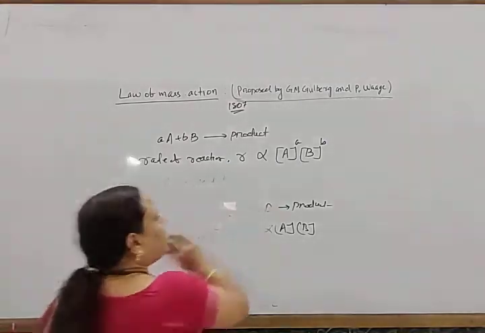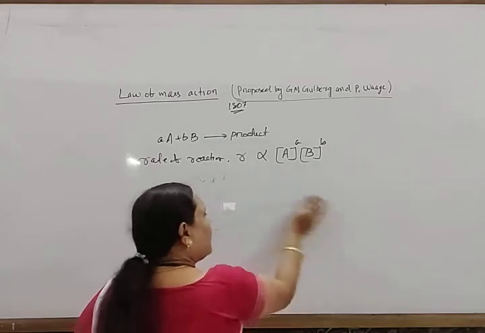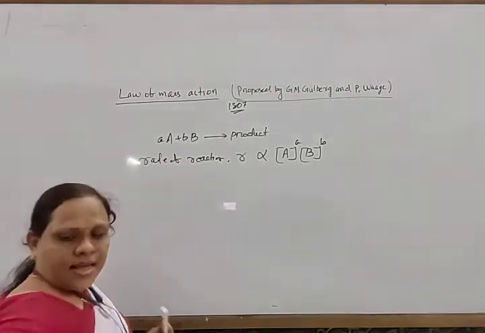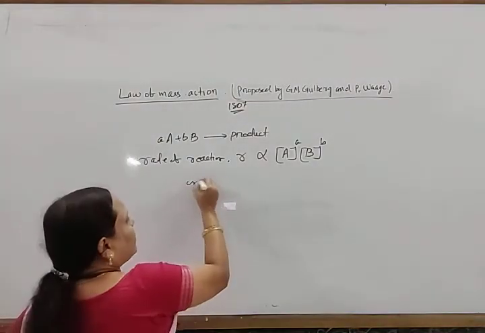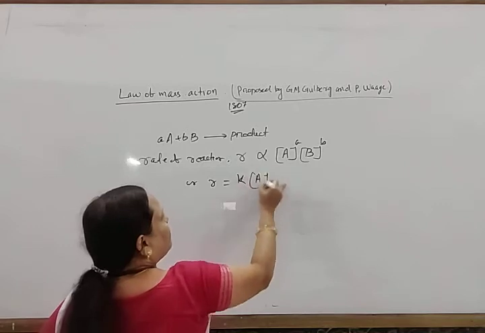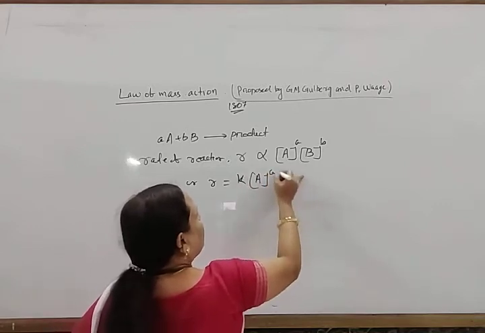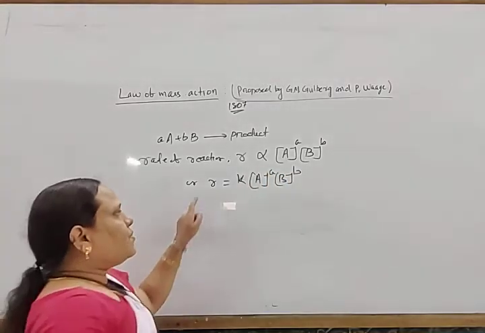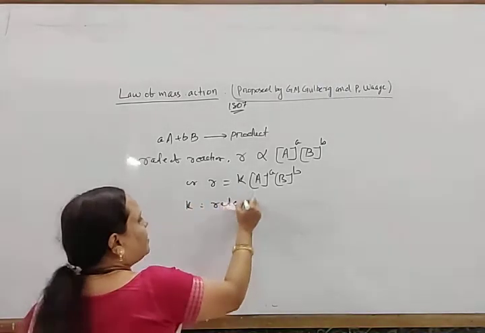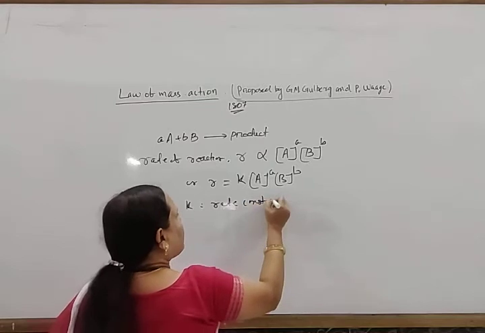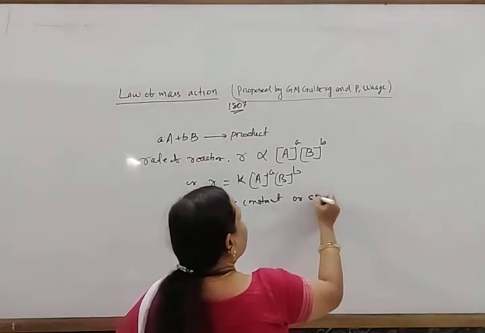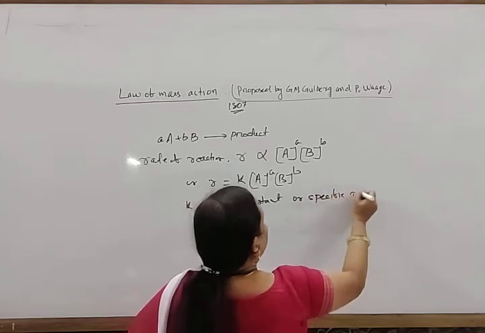And again, to make it equal, what you have to do is multiply by a proportionality constant. Then we can say R is equal to some constant k times [A] to the power a into [B] to the power b, where k is called the rate constant or specific reaction rate.